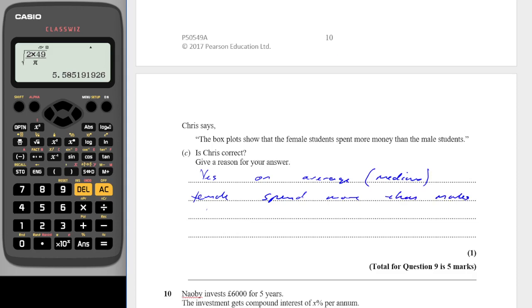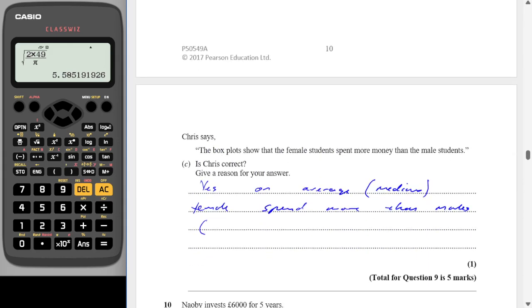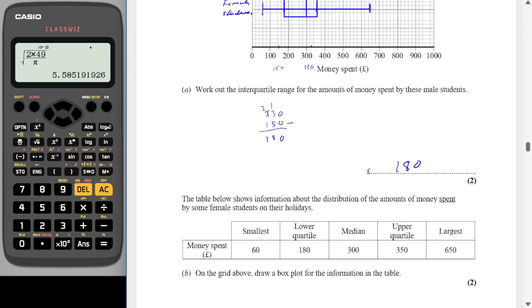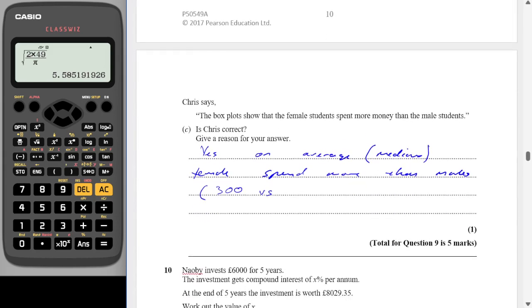And then I will compare the figures. So the females was 300, and the males was 250. Actually, rather than versus, I'm going to say 300 is greater than 250.